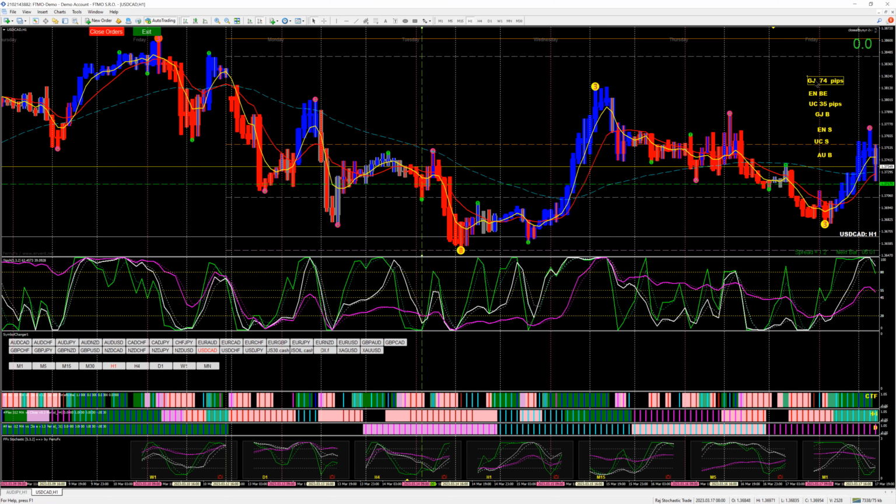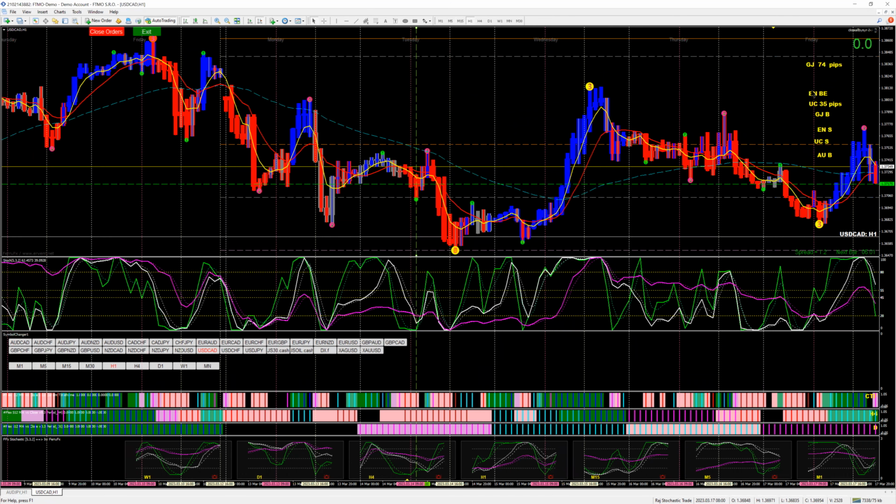Now this one is a little bit interesting because of the fact that it rebounded on us quite a bit. And depending on where you put your stop loss, it may have taken you out and then gave you another entry here.